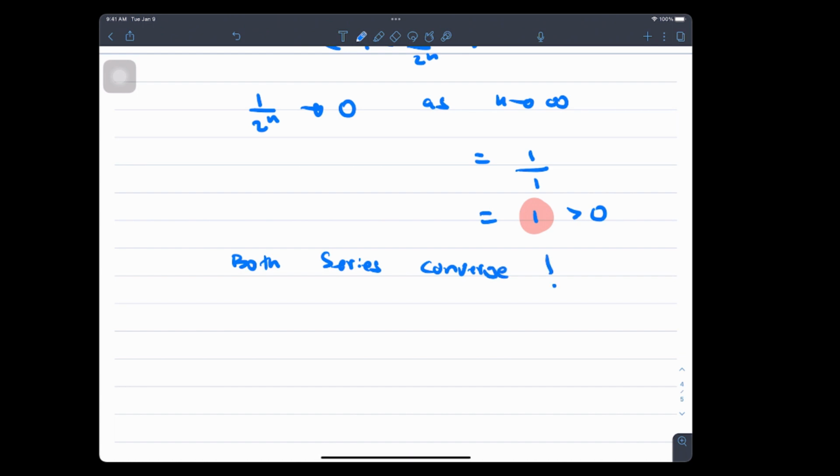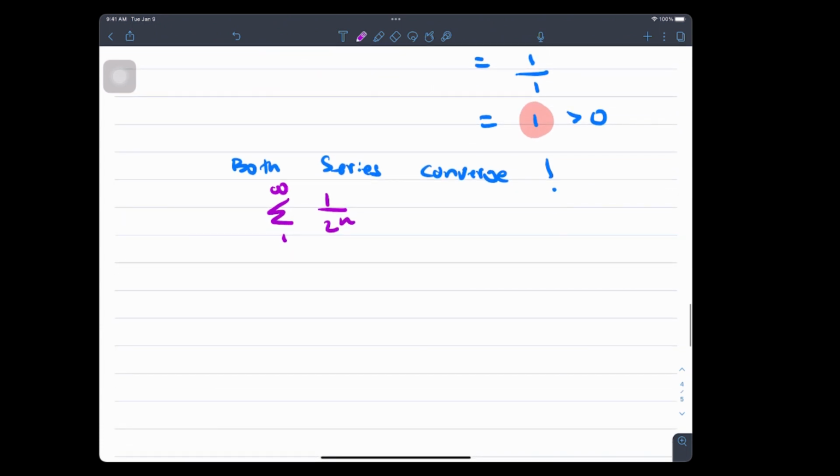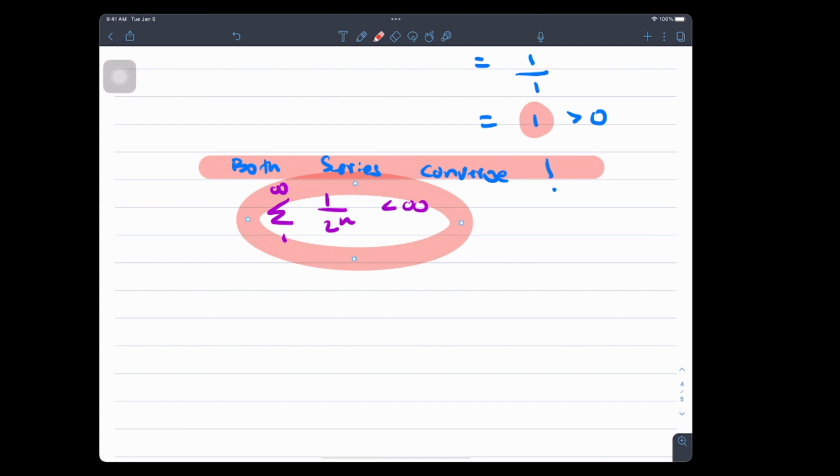Why do I know both series converge? What do you know about this series? It converges. So this is why we can say both series converge, because I know that this series converges. How do we know that this converges?